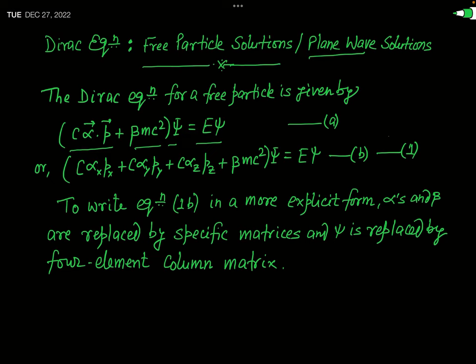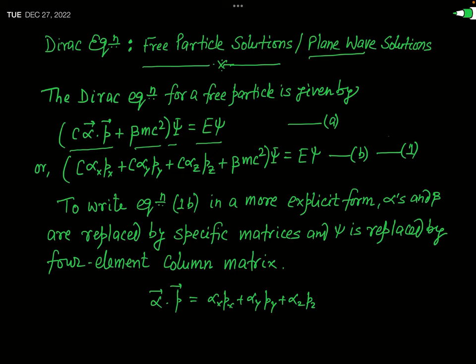Now, this alpha dot p: alpha is actually a three-dimensional vector operator and p is the momentum operator, or you can say momentum matrix. And this is simply equal to alpha x px plus alpha y py plus alpha z pz.